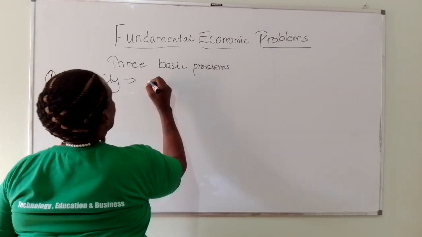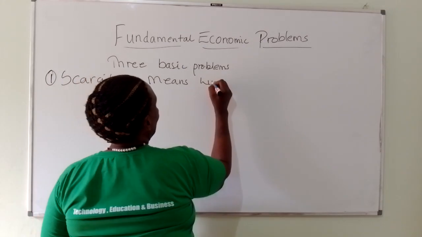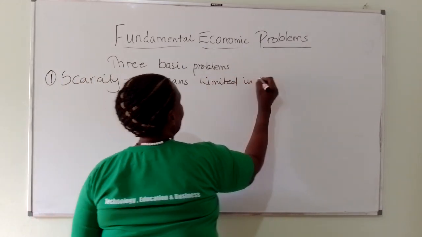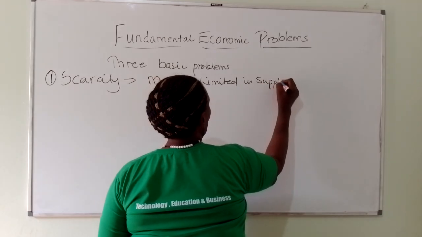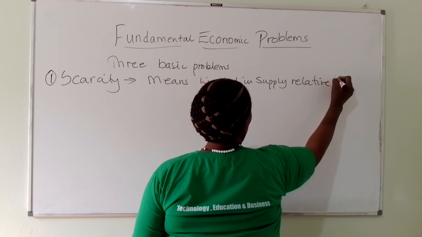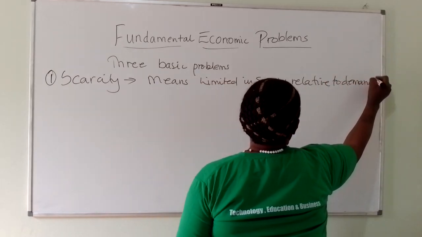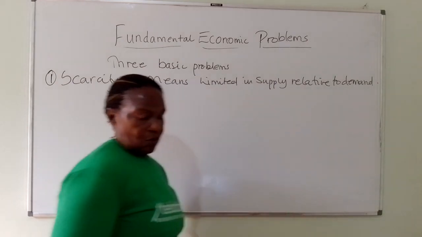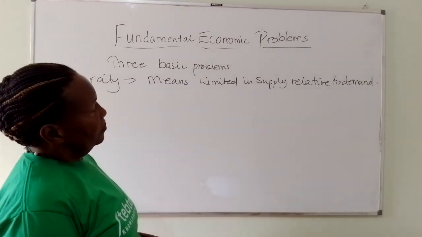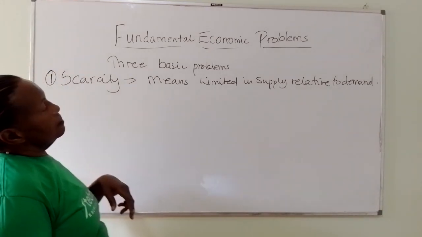This means limited in supply relative to demand. As I've already said, resources are scarce, they are not enough. We cannot have each and everything that we want, which means they are scarce.